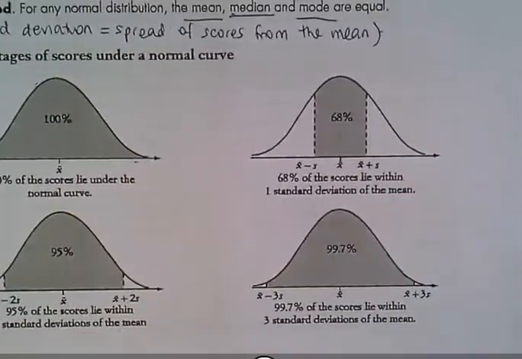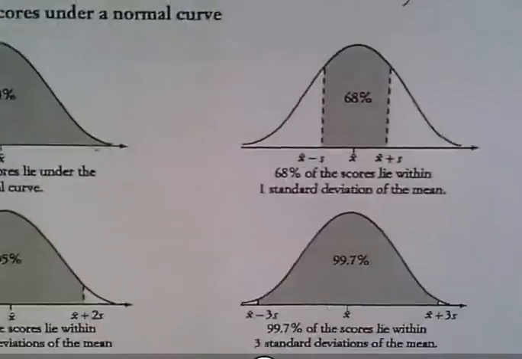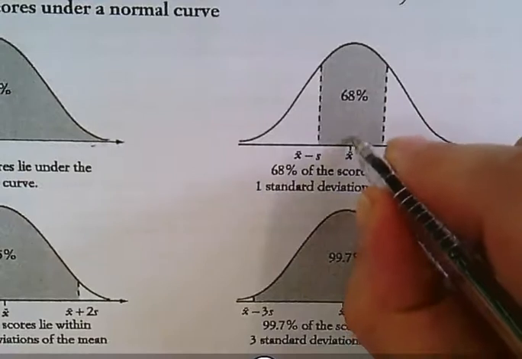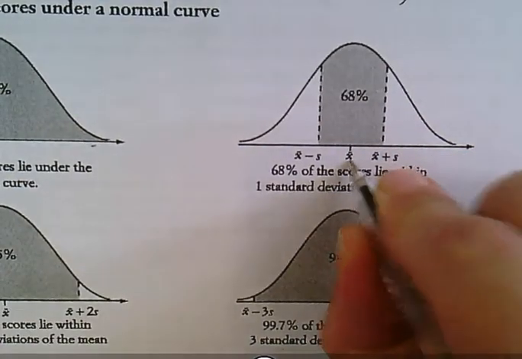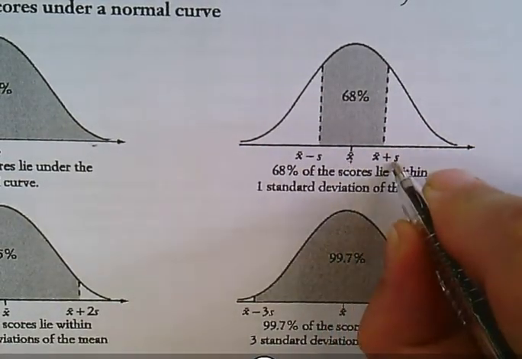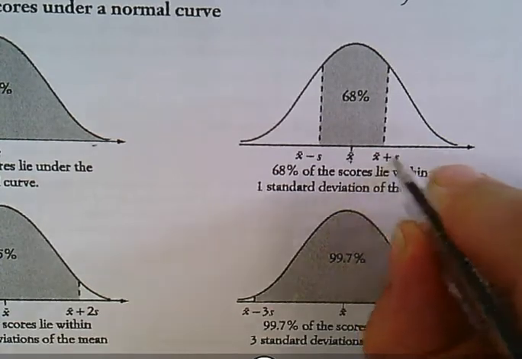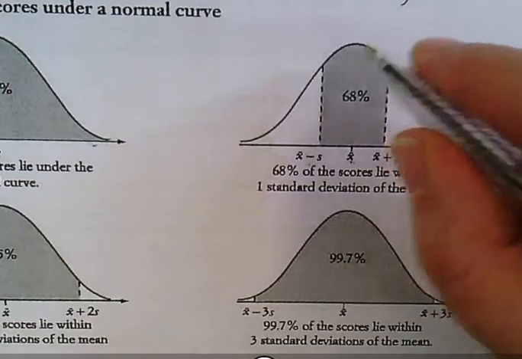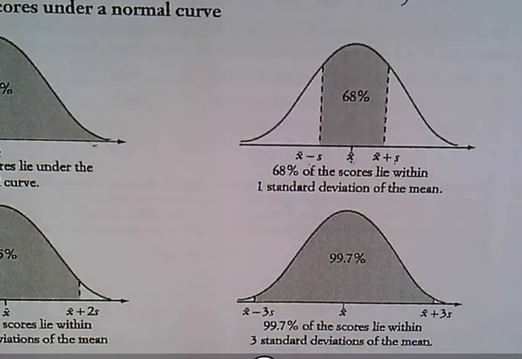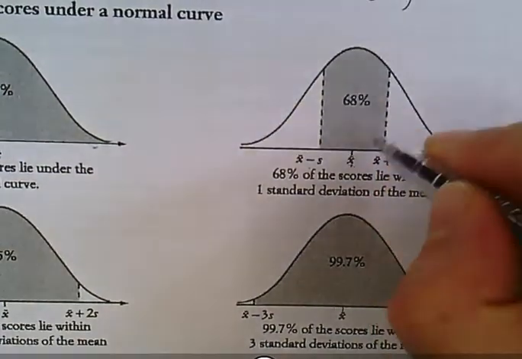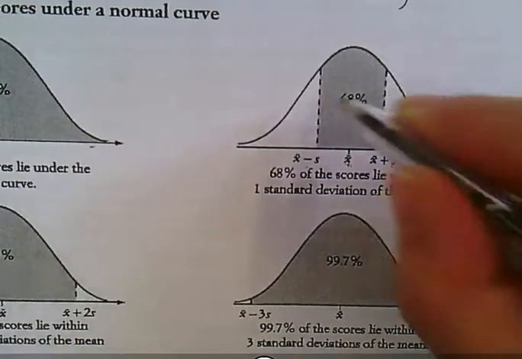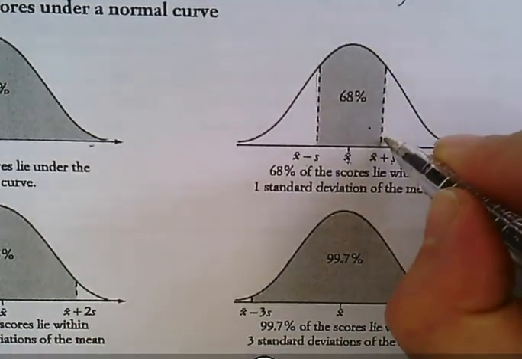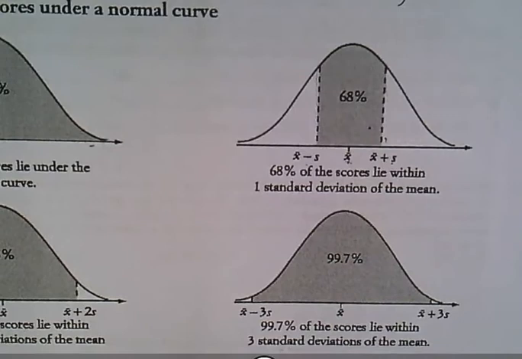So if I look at just the middle section of the curve, here is my mean, my average. If I do mean plus 1 standard deviation and mean minus 1 standard deviation, you'll understand what this is when I do questions, all right? You will find that 68% of your scores lie just in that section of the graph, okay?